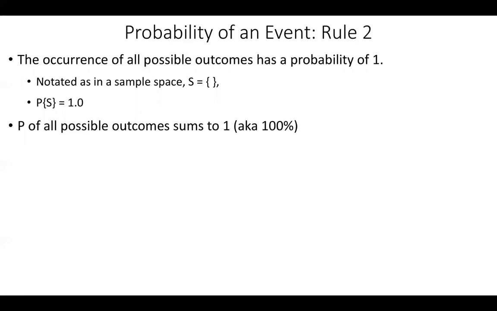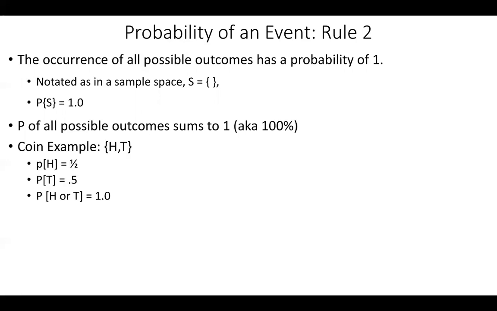Or another way of saying this is the probability, P or Pr, of all possible outcomes will sum up to 1 or 100%. So if we go back to the flipping coin example I talked about earlier, we have 2 outcomes of this event, either landing on heads or landing on tails. That's our sample space, heads or tails. Those are our 2 outcomes of the event of flipping a coin.